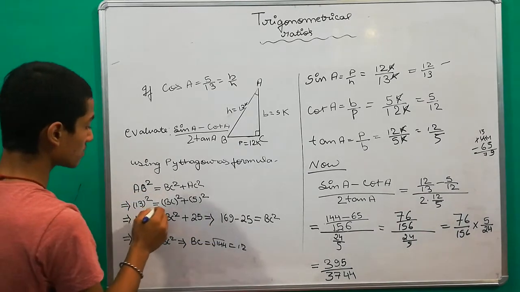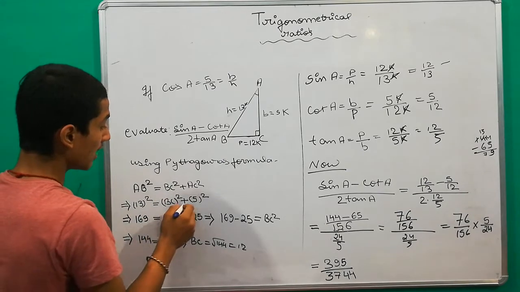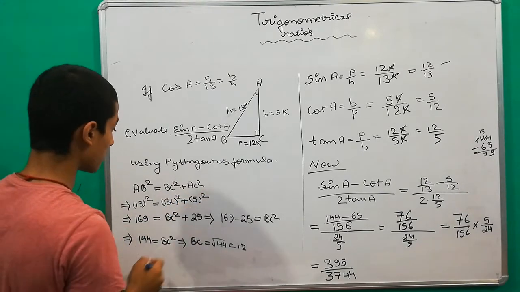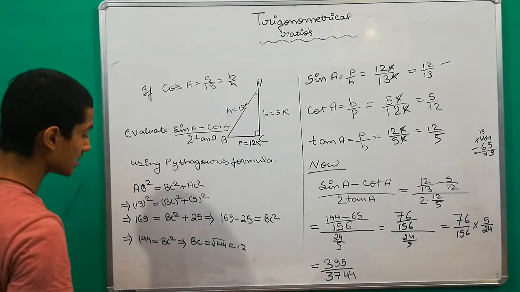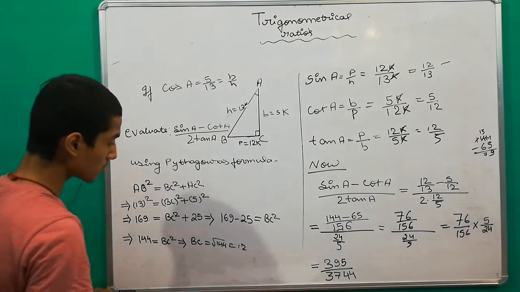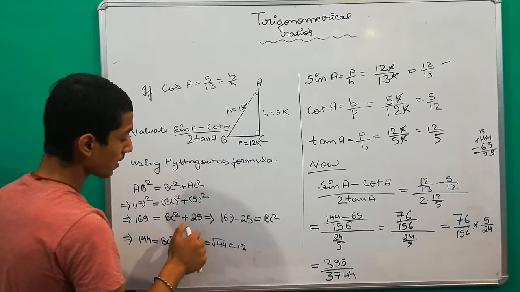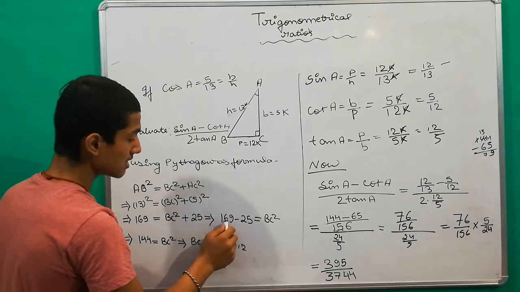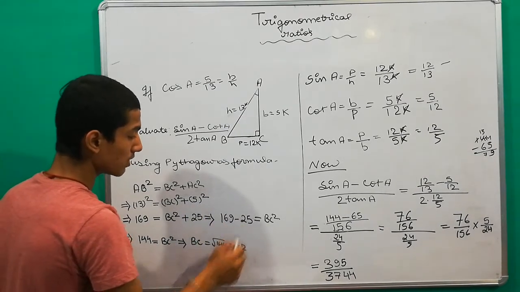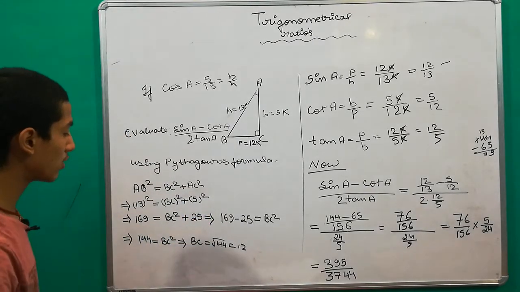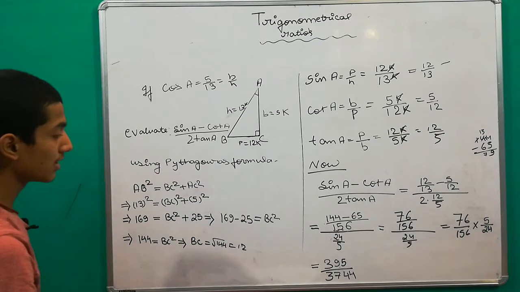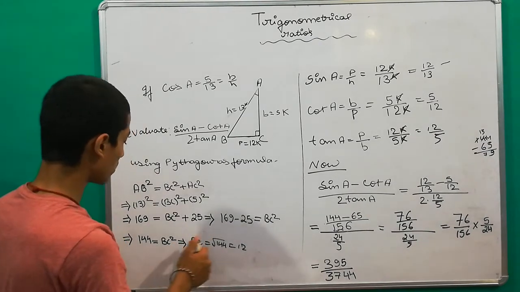AB square is 13 square, equals BC square plus 5 square. 13 square is 169 equals BC square plus 25, because 5 square is 25. This implies 169 minus 25 equals BC square, so 144 equals BC square.